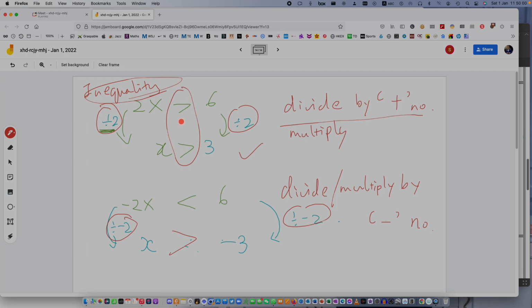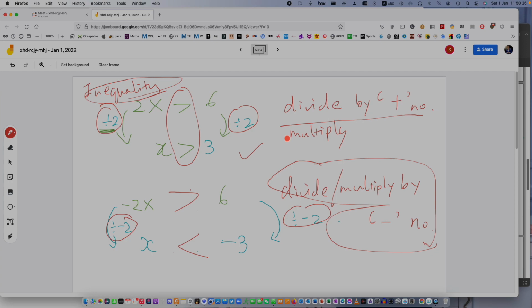But once you divide or multiply by a negative number, smaller becomes bigger. Similarly, if you are bigger, you change to smaller. So this is something you need to memorize.